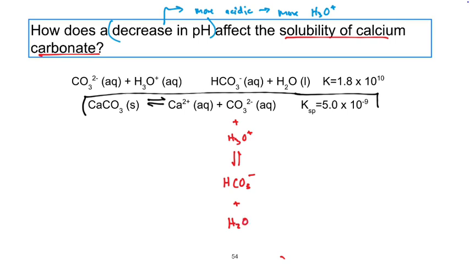Does that expression look familiar? What does this look like? It looks like the previous expression that we had on the previous slide. It also looks like the very first equation given at the top.